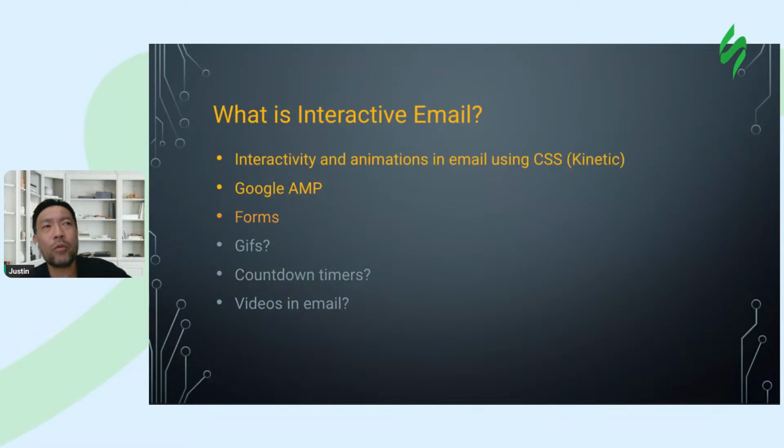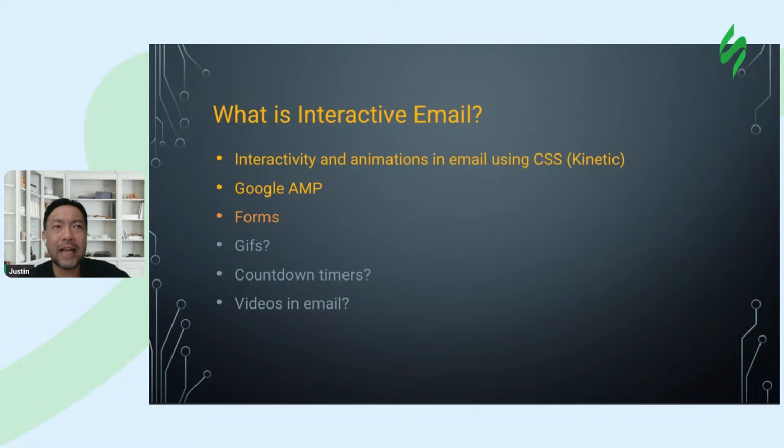Well, what I think of as interactive email is primarily the top three: interactivity and animations in email using HTML and CSS. To make it clearer that we're talking about this, there's a term being thrown about in the email community called kinetic.